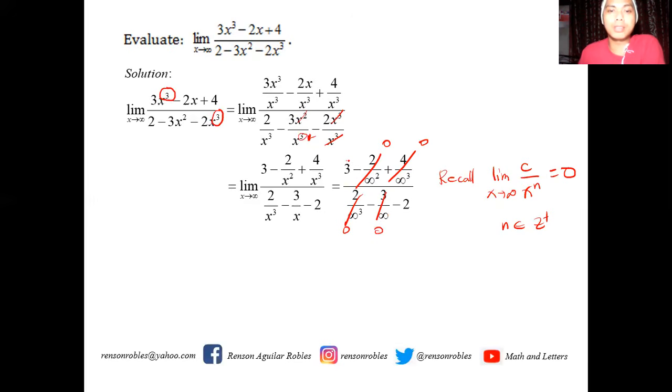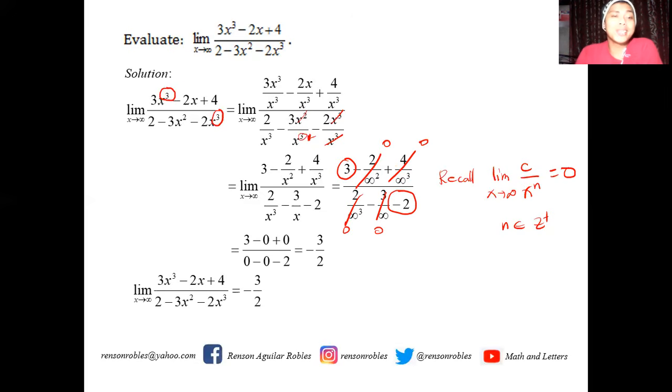What is left on the numerator is 3 and on the denominator is negative 2. Therefore, the limit of 3x cubed minus 2x plus 4 all over 2 minus 3x squared minus 2x cubed as x approaches infinity is equal to negative 3/2.